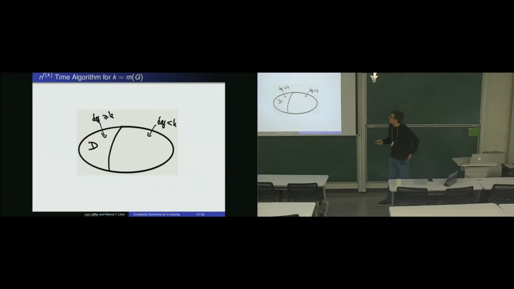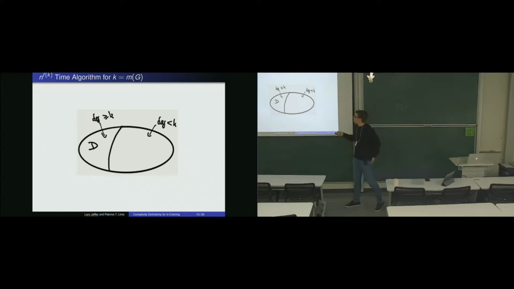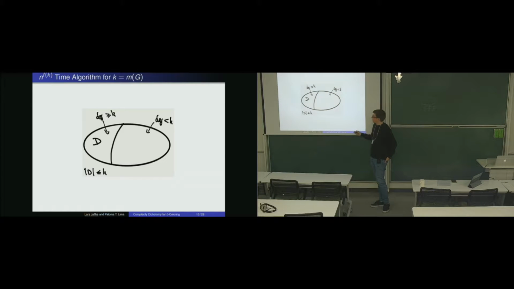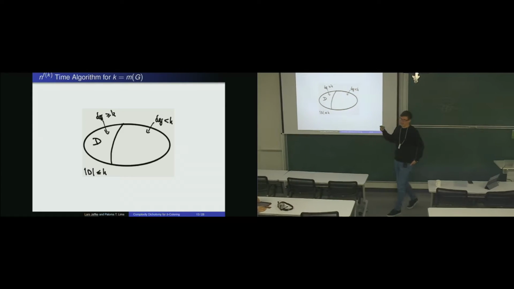Okay, so the first algorithm is for the case k equals m of g. We partition the vertex set of the graph into two parts: first, the ones with degree at least k, and then the ones with degree less than k. By the definition of m of g, we know that the size of D is at most k, because if we had k plus 1 vertices of degree at least k, then m of g would be k plus 1, and not k.